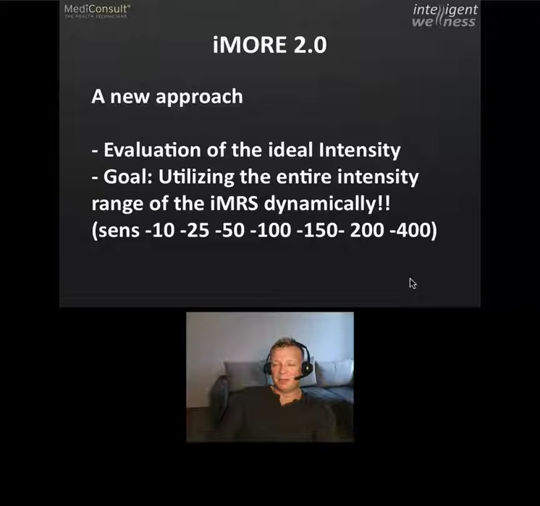So actually, if you would, for example, start with intensity 10, with a very low heart rate variability of 1, and it would, during an application, go up to category 7, you would be able to automatically adjust the intensity up to the full range of the intensity range which the IMRS provides. So this is a very cool thing, and this makes every application more individually.